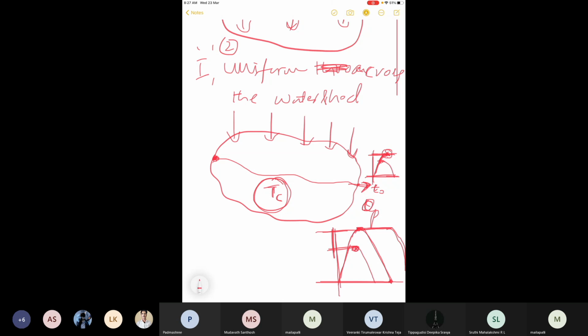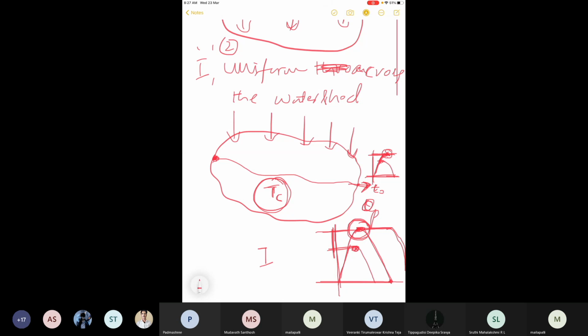That's why we need an intensity that can at least satisfy this. For any structural design, you need to see the maximum flow that can occur, the peak flow rate from this particular watershed.